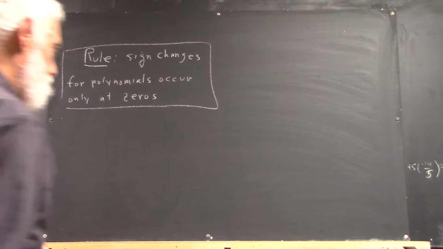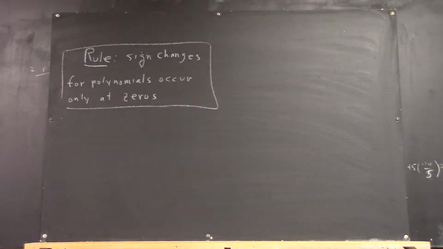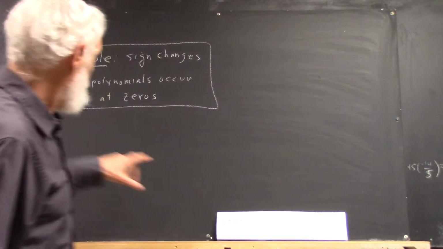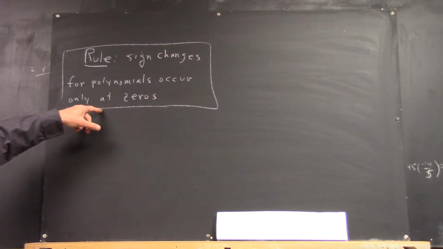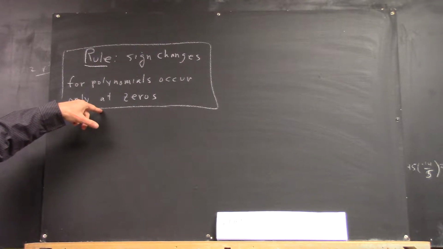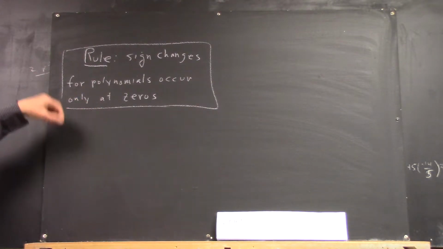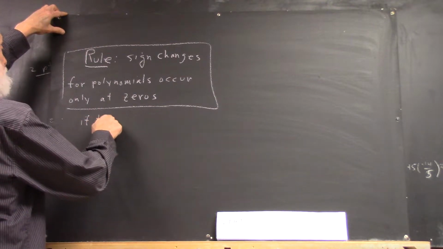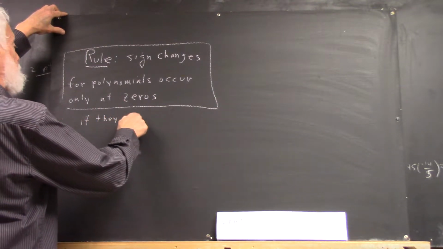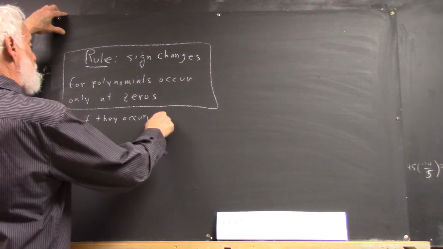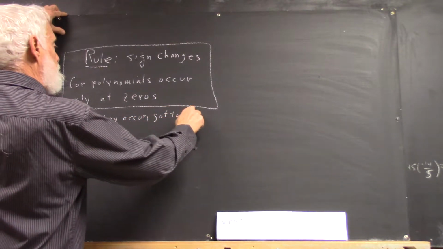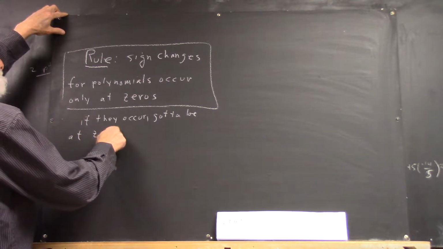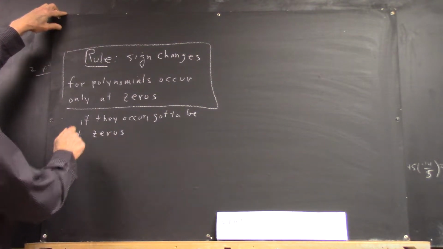Sign changes for polynomials occur only at zeros. Now this doesn't say they necessarily occur at zeros, but it says if they occur, they've got to be at zeros.